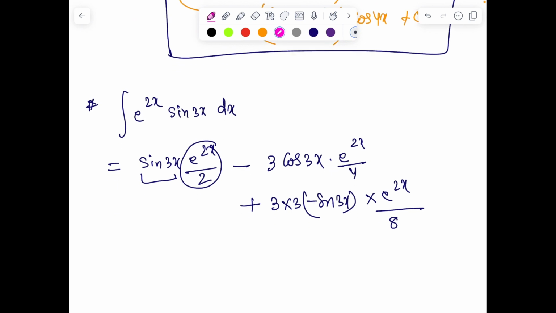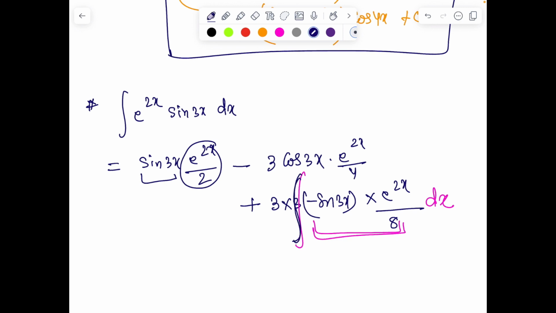Now we can clearly see at this step what we can do is this integration, because now this method will continue forever.